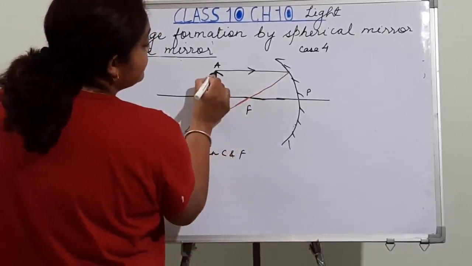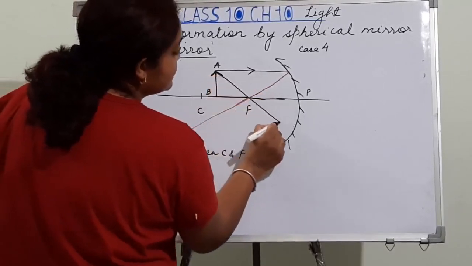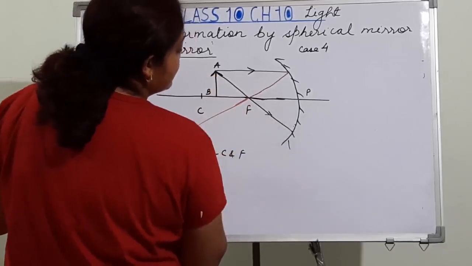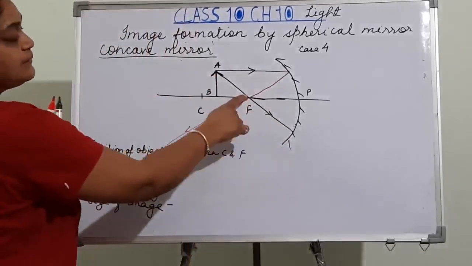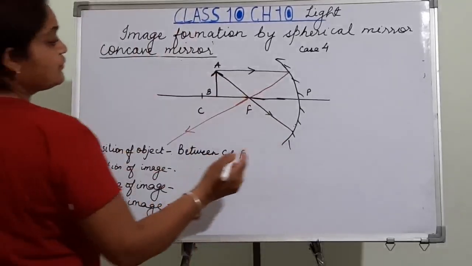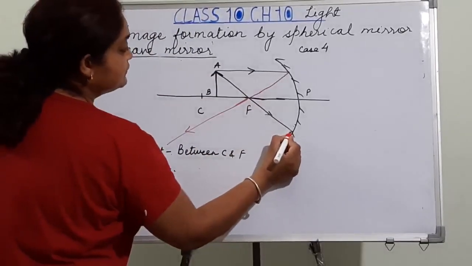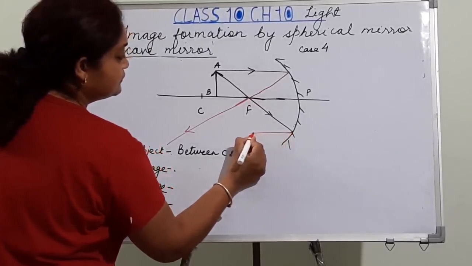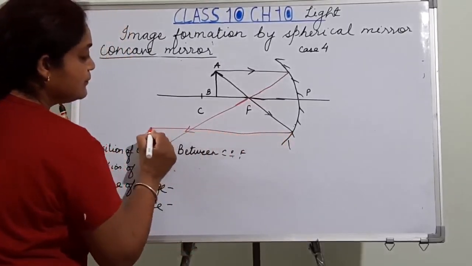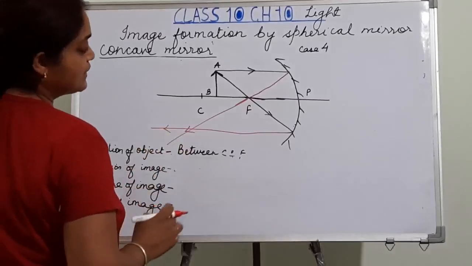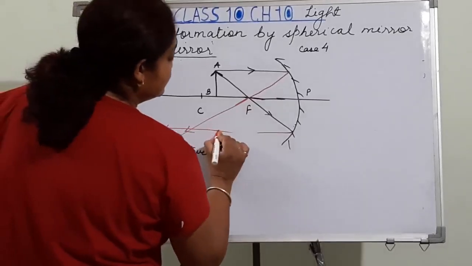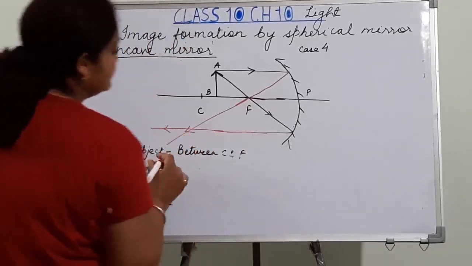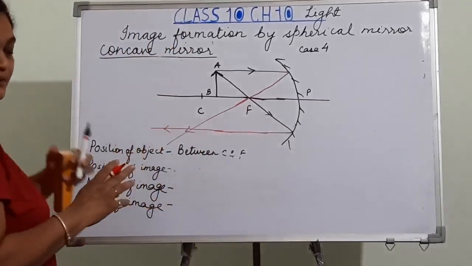So this is the second ray passing through focus. After reflection from the mirror, it will go parallel to the principal axis. So here they are meeting.